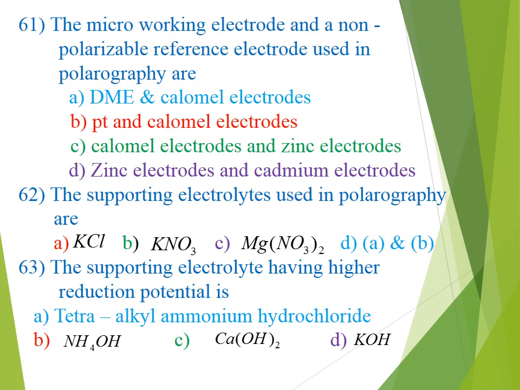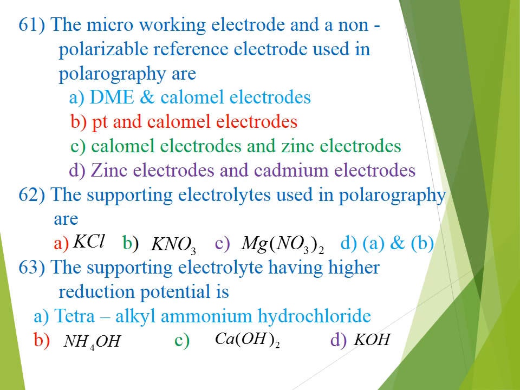61. The micro working electrode and a non-polarizable reference electrode used in polarography are A. DME and calomel electrode, dropping mercury electrode and calomel electrode. Option A is the correct answer. Question number 62.